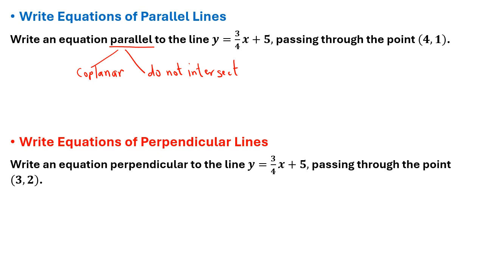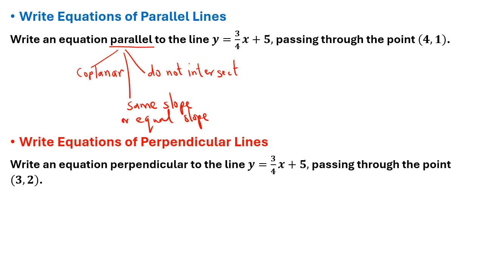If I want to write the equation of one line that's parallel to another, then they should have the same slope, or equal slopes. The only difference we would notice is the difference in their y-intercepts.